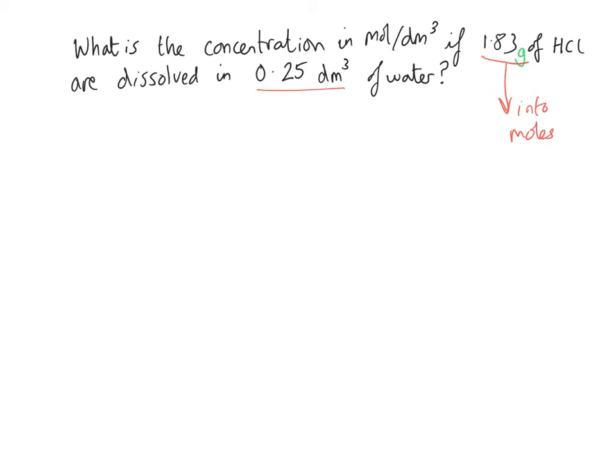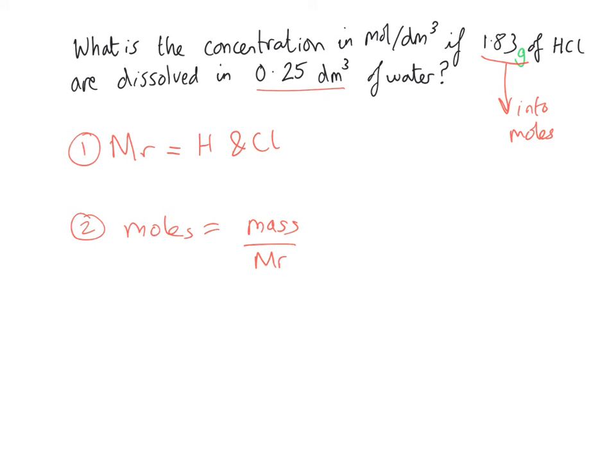And the way that we convert moles from mass is here. So moles equals mass divided by relative formula mass, which is the Mr. Now the reason I've put this as step 2 is I know that we need to calculate the relative formula mass first, the Mr. To do that, we need to add up the masses of all the atoms that are in HCl. And so we've got 1 hydrogen and we've got 1 chlorine in HCl.